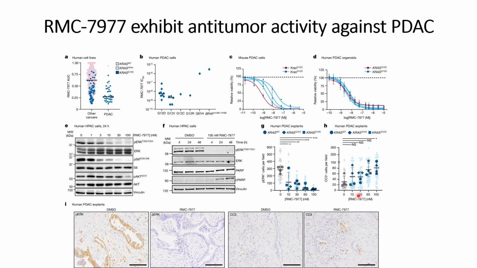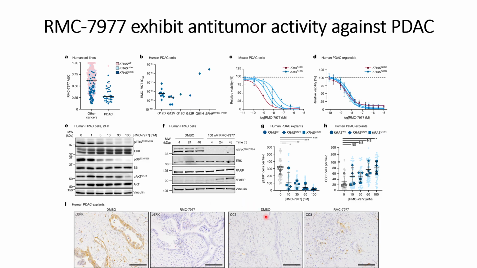With an increase in RMC-7977, the CC3 cells per field increase, and the IHC images are shown in panel I, where we can see that with the RMC-7977 treatment, the ERK signaling pathway goes down drastically compared to DMSO.